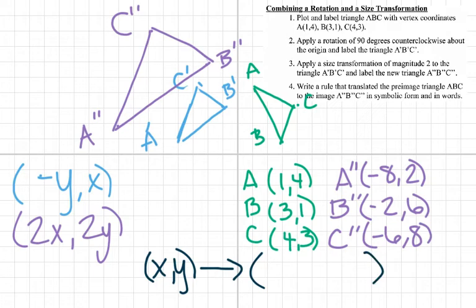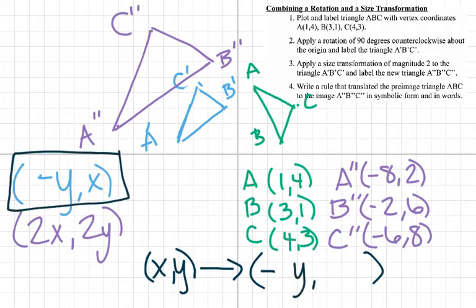Okay, so use the fact that we did this at the very beginning. Okay, so we know we definitely switched the coordinates, and the original y was negative. But then the next thing that we did was multiply them both by 2. And now let's just check this to make sure that it actually works. So let's just look at A and A double prime. So A, we had 1, 4.